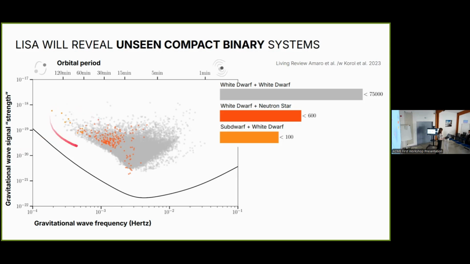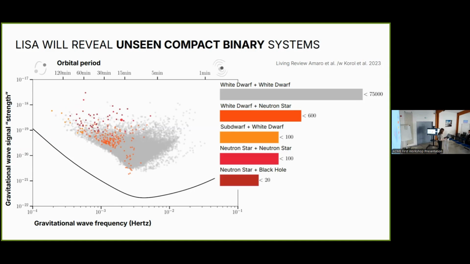This is why we are seeing them in this lower frequency part. We'll also see some double neutron stars here on the top, and of course, binary black holes as well as binary neutron star and black hole systems. And you see that all of those will be orders of magnitude less numerous than double white dwarfs. So I will focus on the double white dwarf binaries from now on.